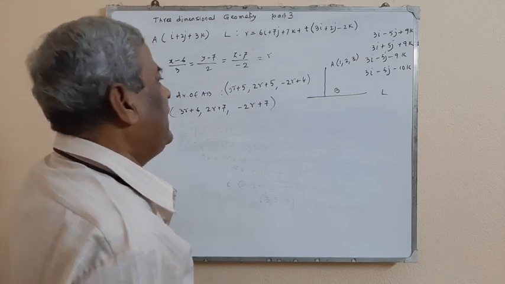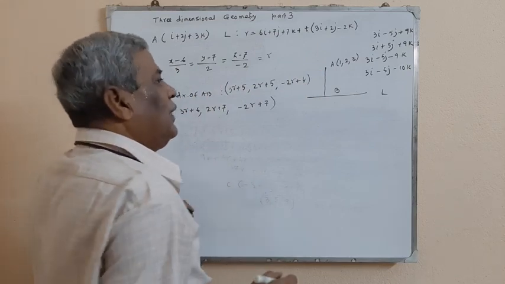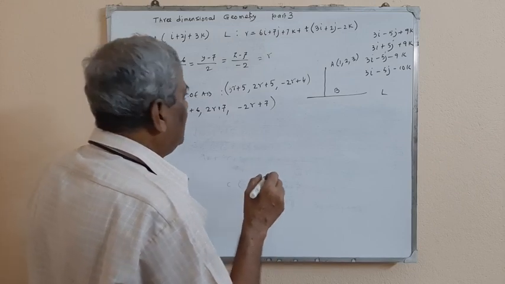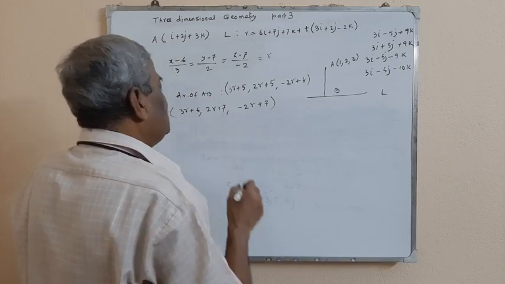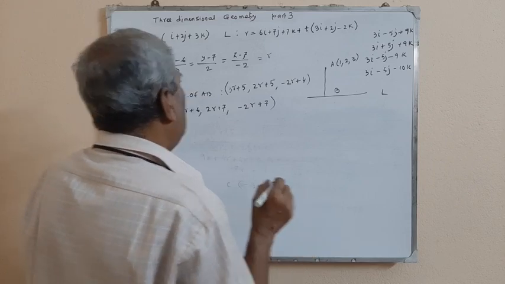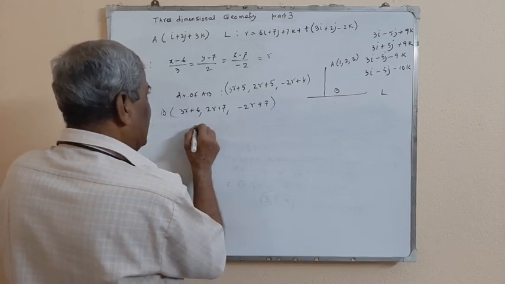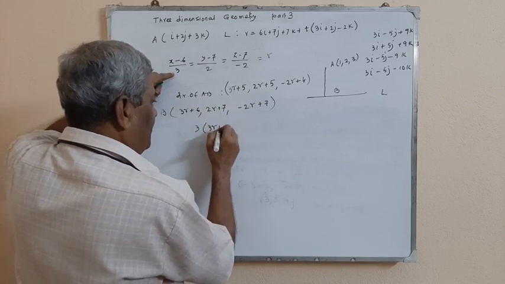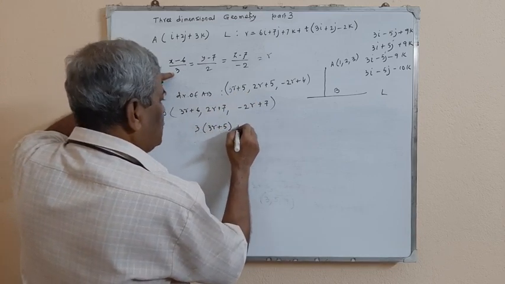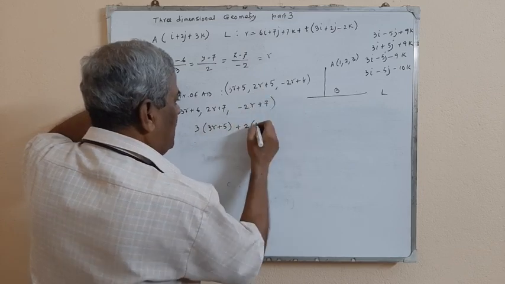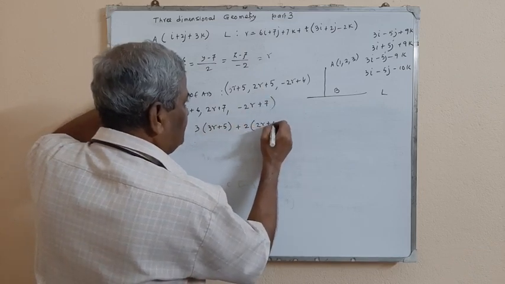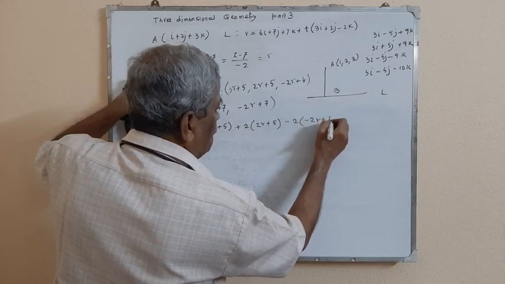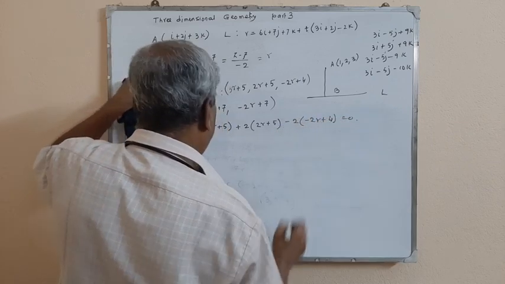But the straight line AB and L are perpendicular to each other. So the corresponding components of the direction ratios, their dot product must be equal to 0. So we get 3 into that, plus 2 into (2R plus 5), minus 2 into (minus 2R plus 4), that must be equal to 0.